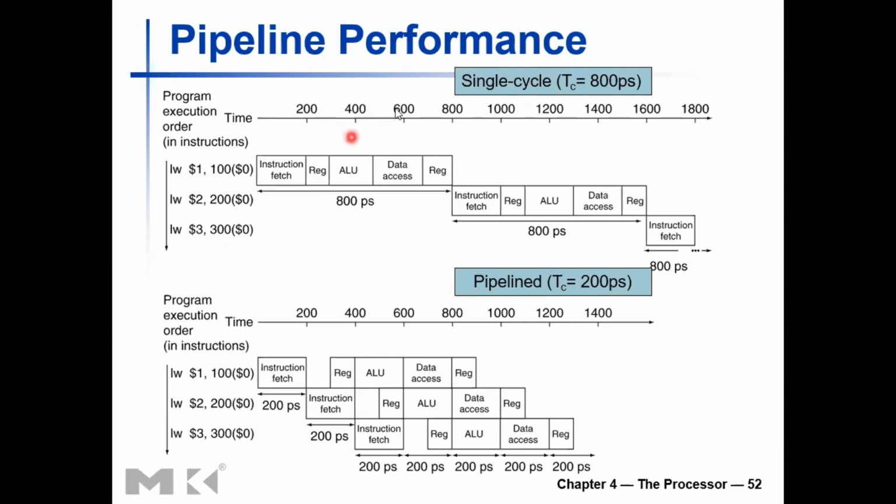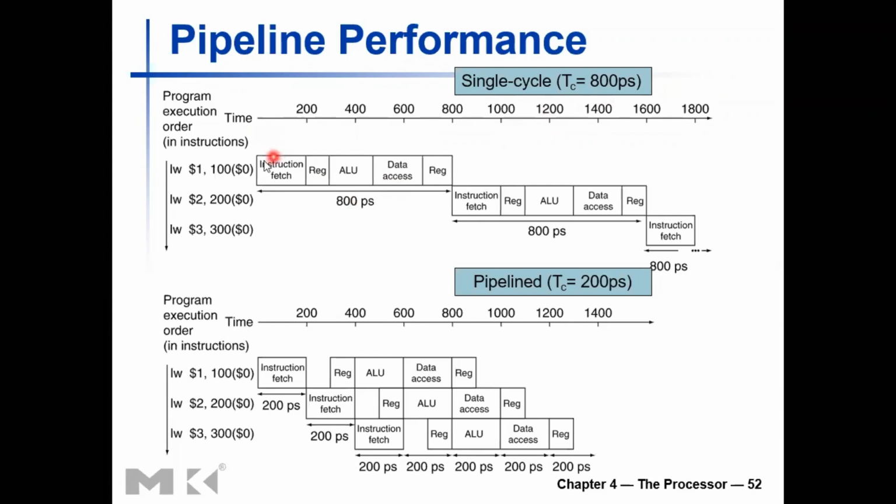So in the non-pipeline single cycle implementation, what is the total time that we are spending? 800 picoseconds per instruction, right?